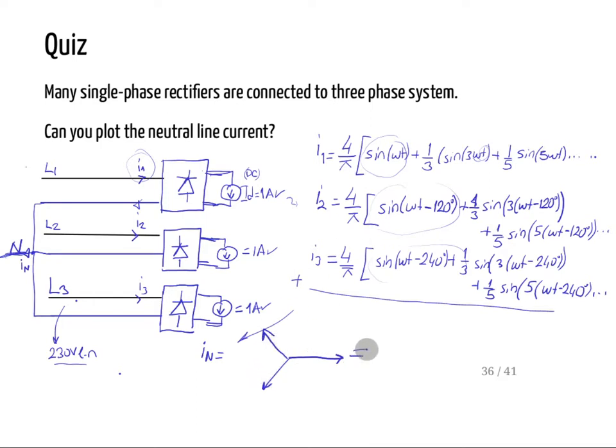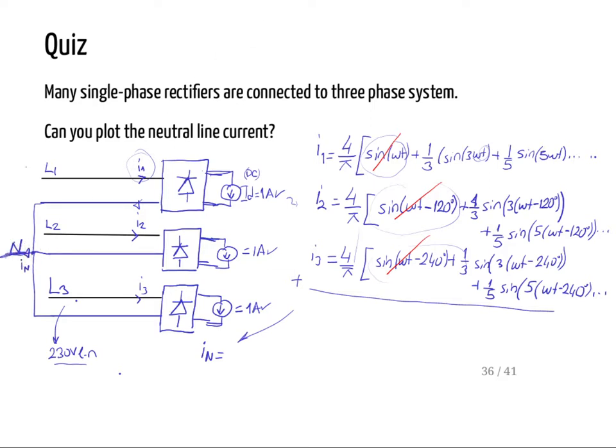Basically, if you add all those up, they will all cancel each other. So the first components will cancel each other. You will not see any first harmonic component, any 50 Hz. If this is a 50 Hz grid, you will not see any 50 Hz component in that one.